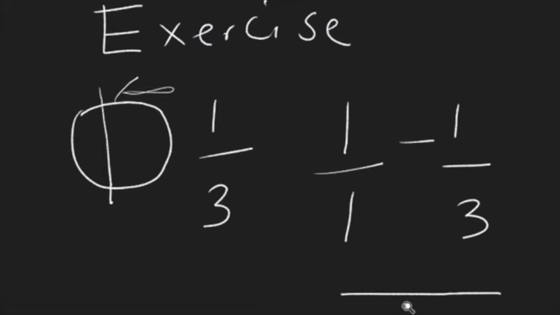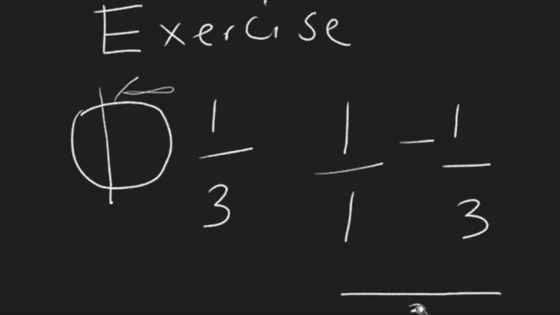And our common denominator here will be, who can guess what that is? I think it's 3, because 3 is divisible by 1, and 3 is also divisible by 3. So, great, common denominator 3.